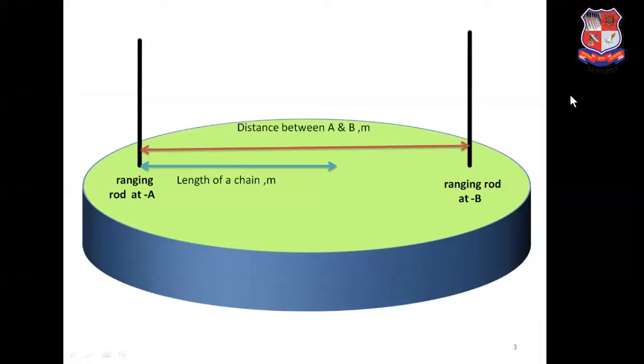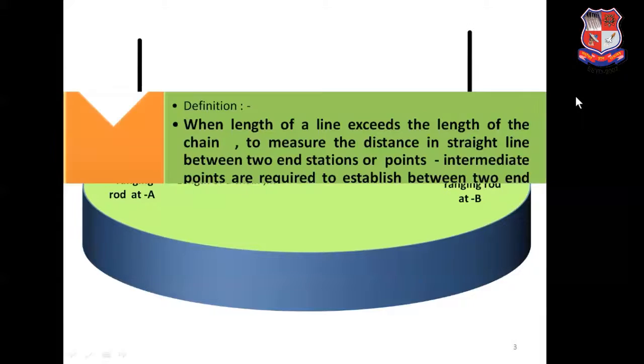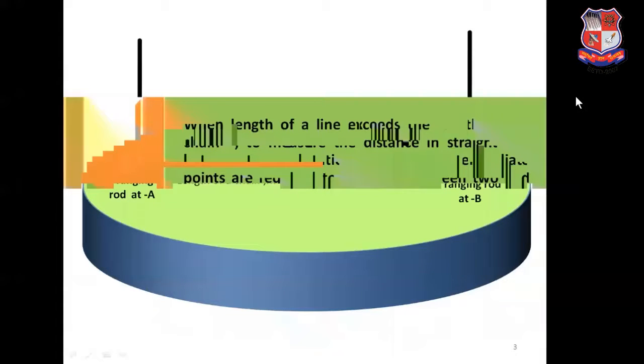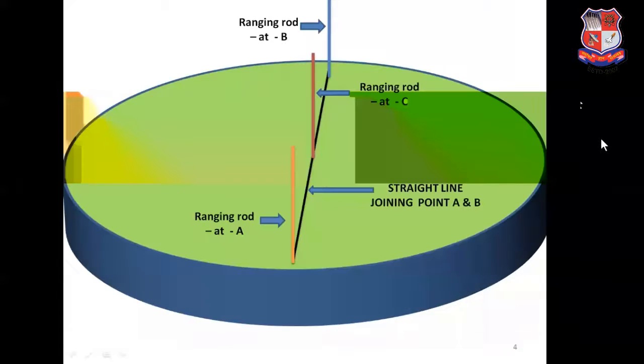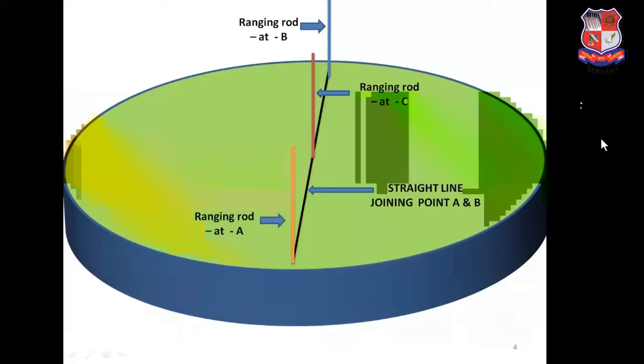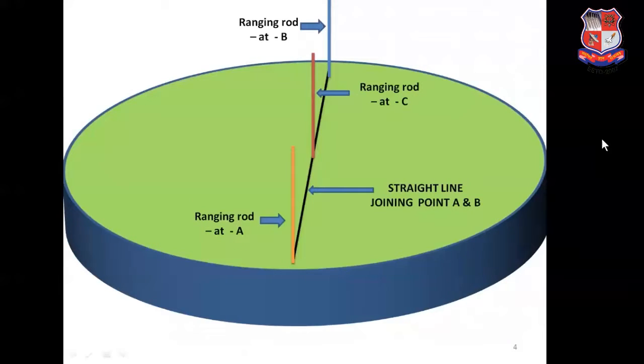As you can see in this figure, A and B are the two end stations joining the line AB. The length of the line AB, shown by the brown color line, is more than the length of one chain, shown by the blue color line. So in that case, ranging is required, and an intermediate point is required to be established on the chain line joining the two end stations to measure the distance between them accurately.